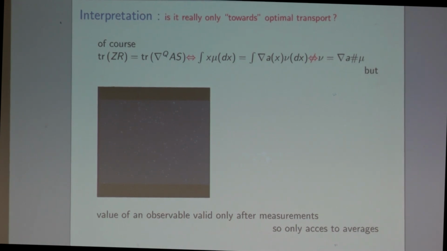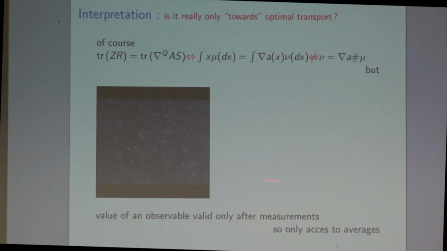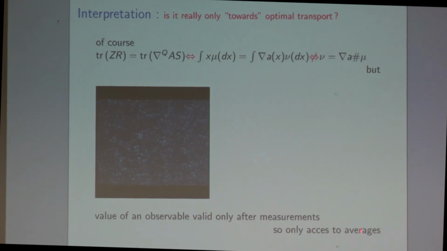And this probabilistic interpretation works only in configuration space. You cannot do anything else, morally, than to take just averages about measurements. And this is why you get exactly what I was doing before.